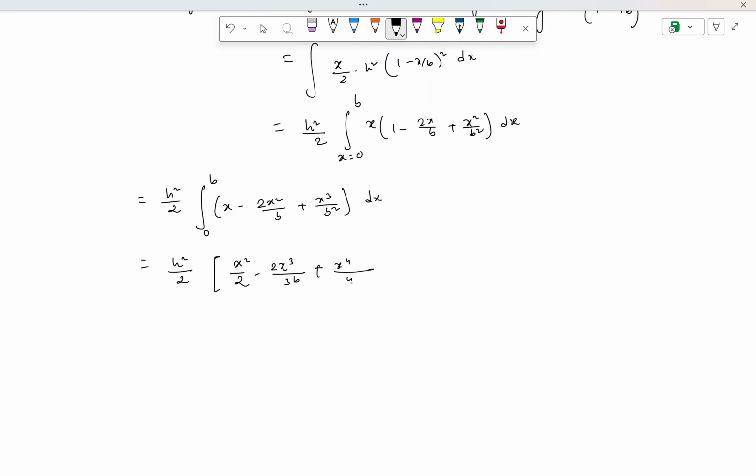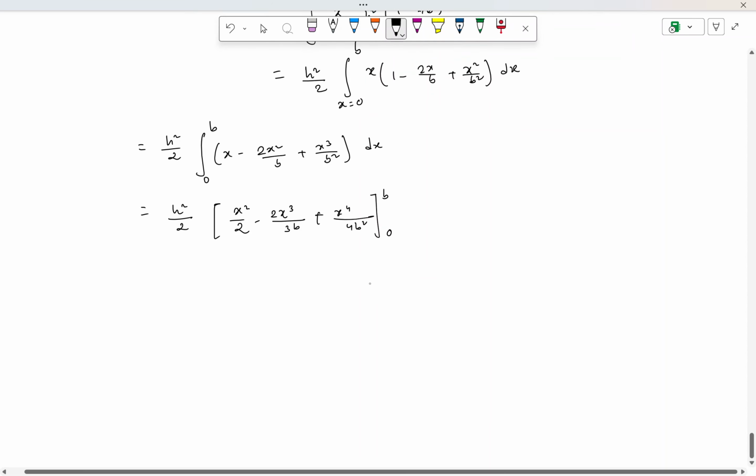Plus x to the power 4 by 4, from b to 0.